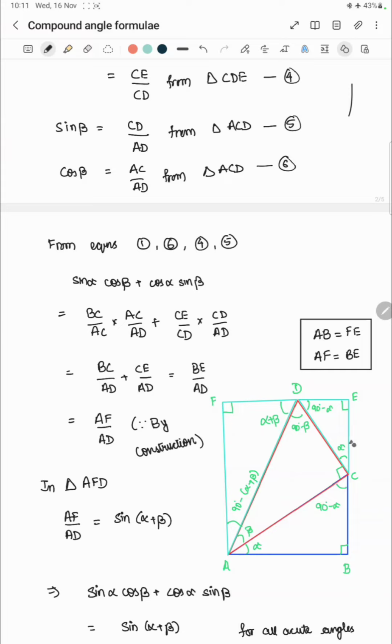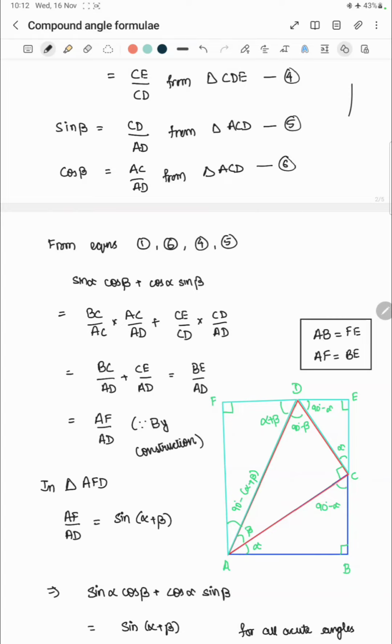What we are going to do is observe that this BE is nothing but AF in length, that we got by construction in the previous step. AF is equal to BE. These two sides are the same in length. After construction and realizing that this is a rectangle, you will get that. BE is AF and the denominator is AD.